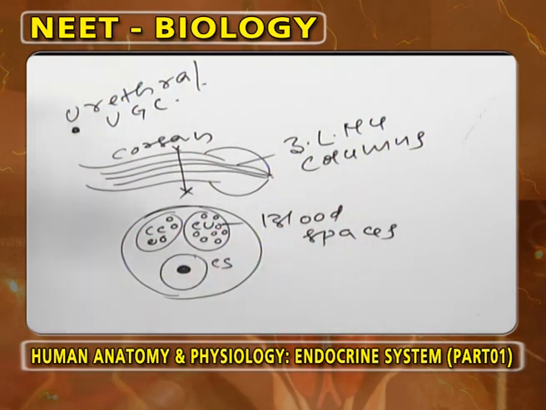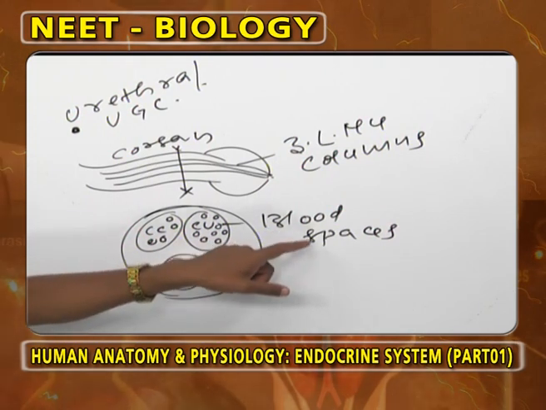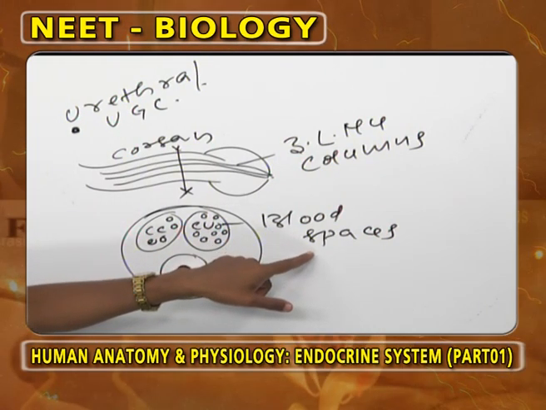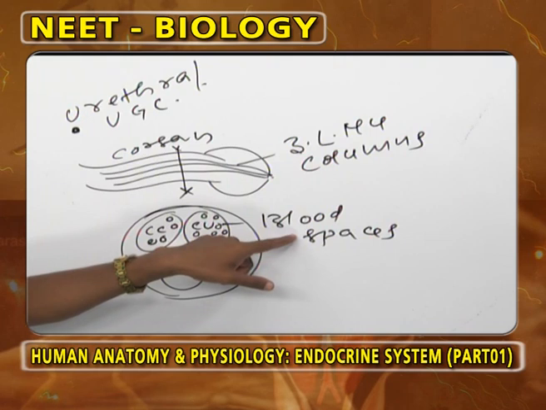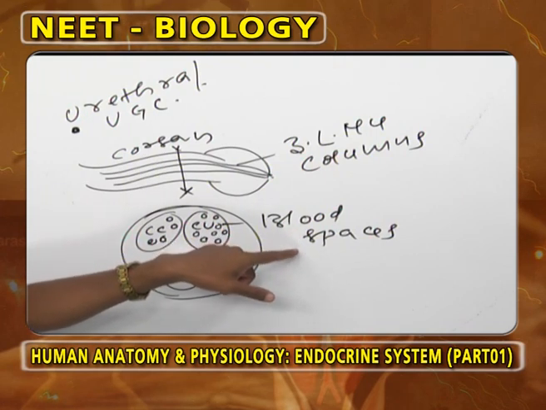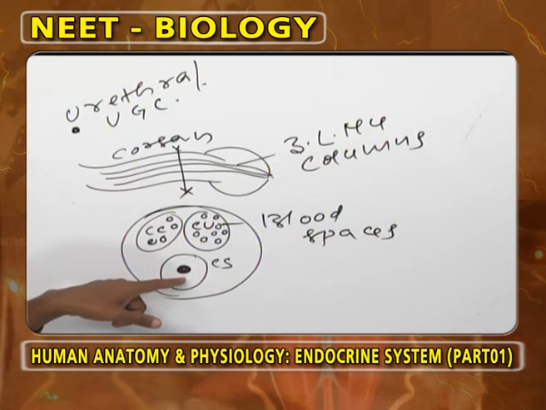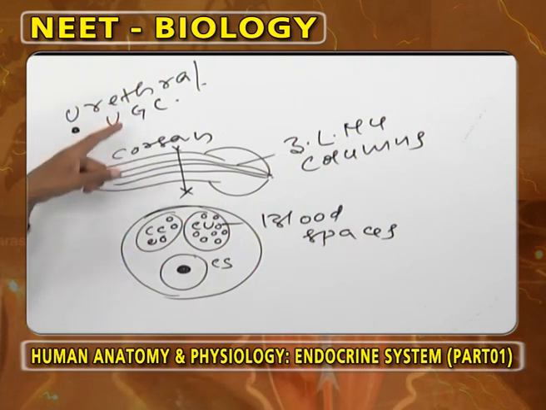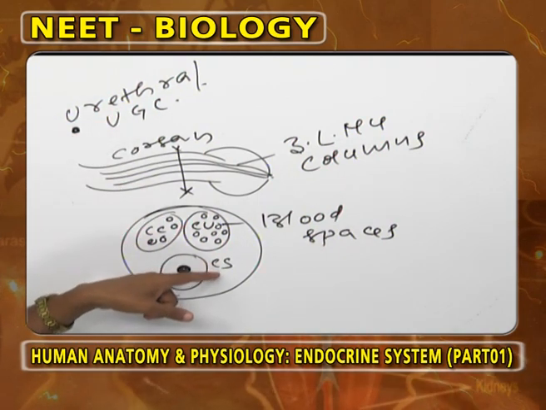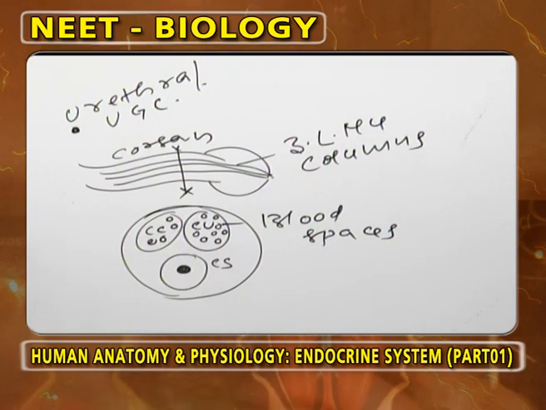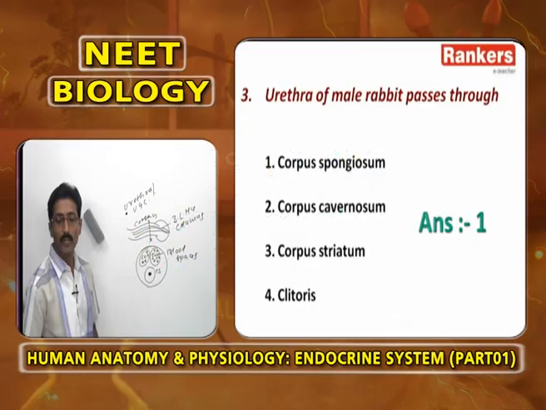Whenever the animal gets sexual excitement, the empty blood spaces are filled with blood. Now the question is, the urinogenital canal or urethra is enclosed in what type of muscle tissue? The answer is corpus spongiosum.